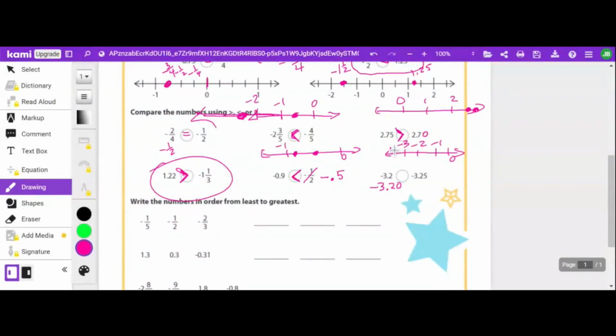The negative 3.25 is further out than the negative 3.2. So negative 3.25 is smaller, which means the negative 3.2 is bigger. So you have to be visualizing this in your head, which one is further out to the left.